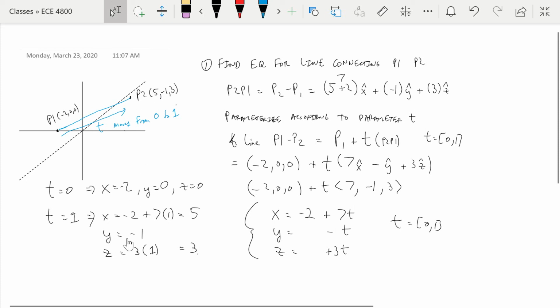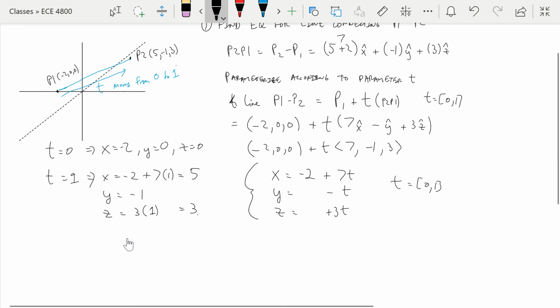All right, so if you pick intermediate values of t, let's say t is equal to 0.5, your x is going to be equal to negative 2 plus 7 times 0.5.